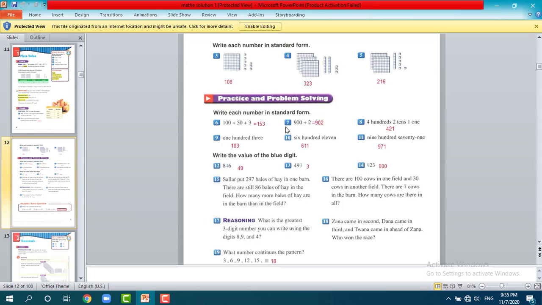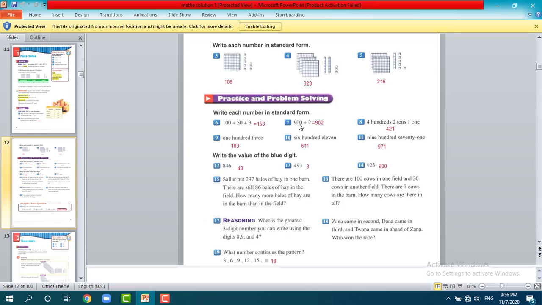In equation 7, students, as you can see, it says 900 plus 2. We add ones with ones, tens with tens, and hundreds with hundreds. Now ones with ones, 0 plus 2 equals 2.